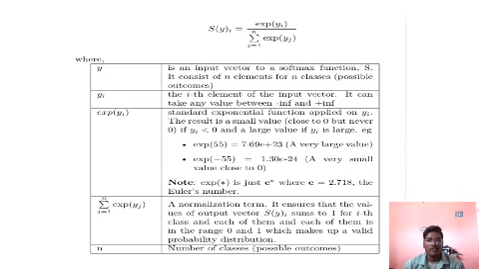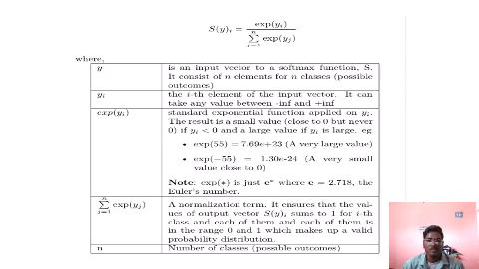Here we are using the softmax formula. S of y_i is equal to exp of y_i divided by the sum from j equals 1 to n of exp of y_j, where y is an input vector to the softmax function, made up of n elements for n classification possible outcomes. y_i, the ith element of the input vector, can take any value between minus infinity and plus infinity.